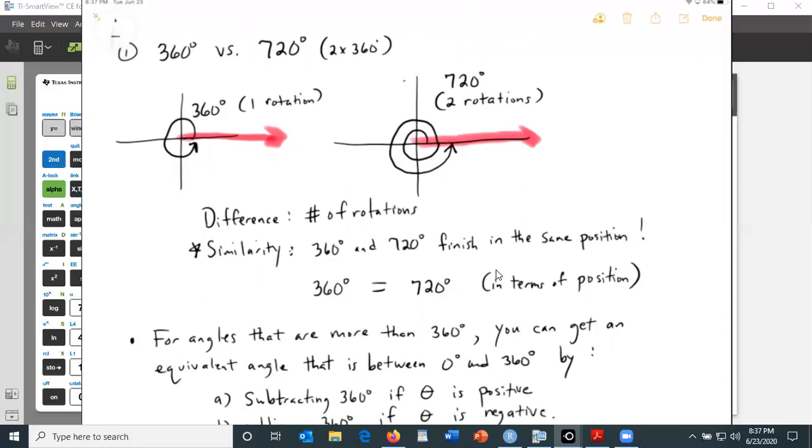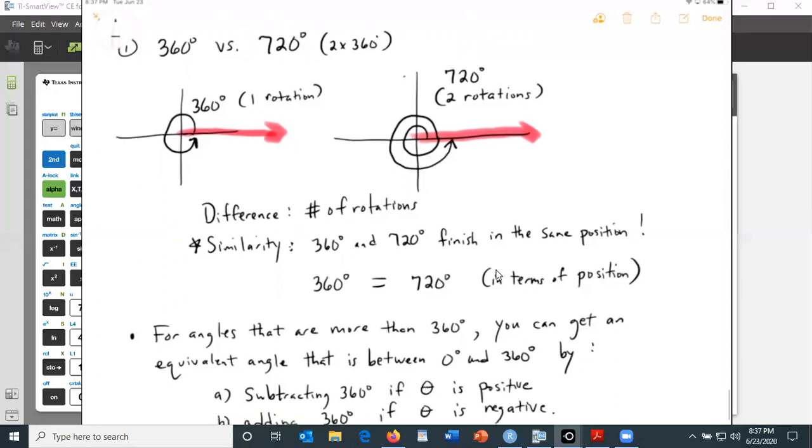Now let me give you a minute there to catch up. And then we'll do examples of how we would do this.